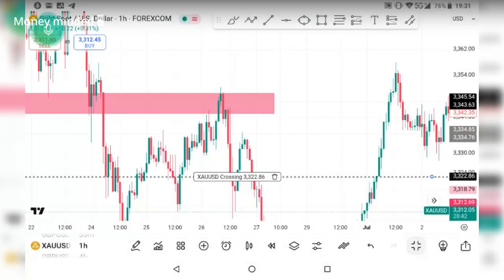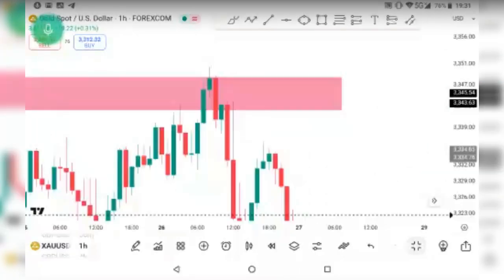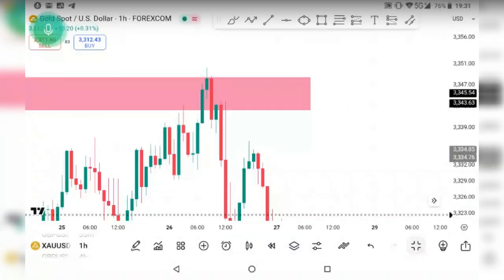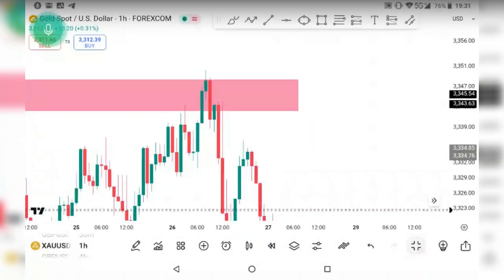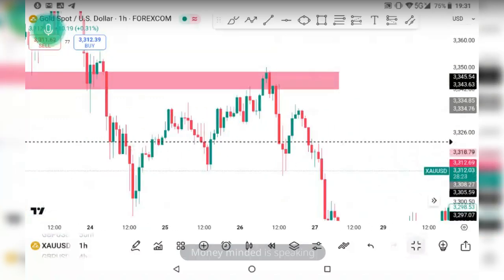You can see the large red candle. So that is the confirmation to take a sell. It is known as a bearish engulfing. So where that red candle ends, that will be where you are placing your sell.